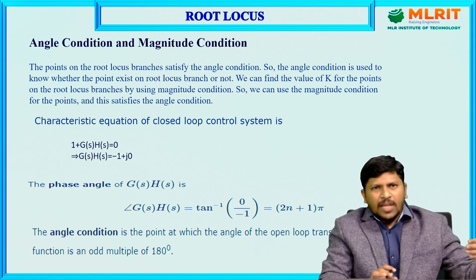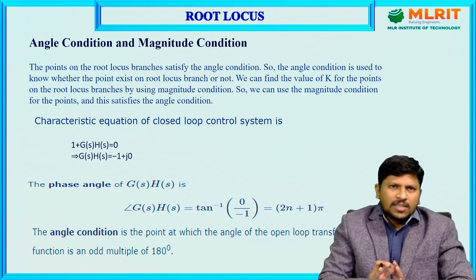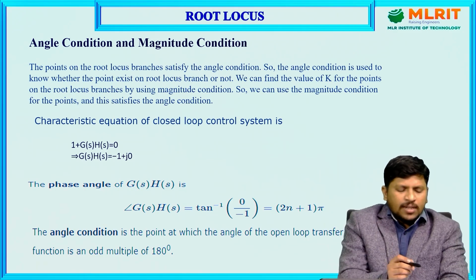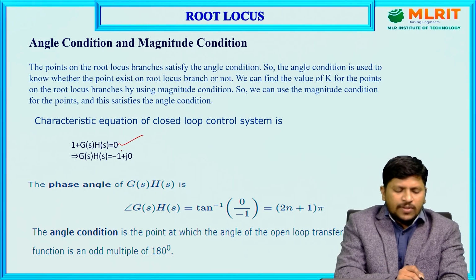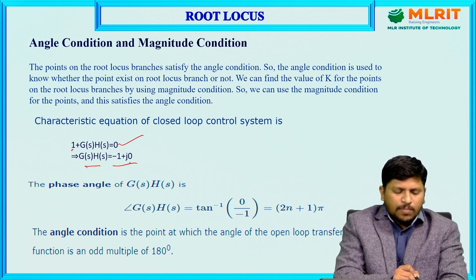Next, the angle calculation, magnitude calculation, or conditions in root locus. Just consider the characteristic equation, 1 plus G(s)H(s) equals 0. Here G(s)H(s) equals minus 1, that is, minus 1 plus j0, since j multiplied by 0 is 0, so we get only minus 1.